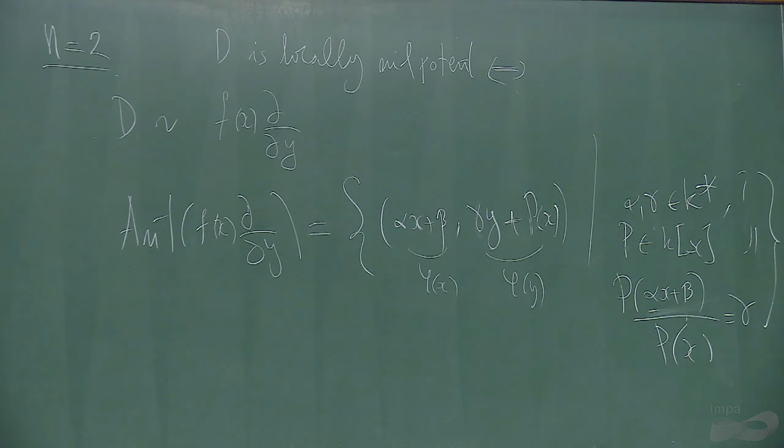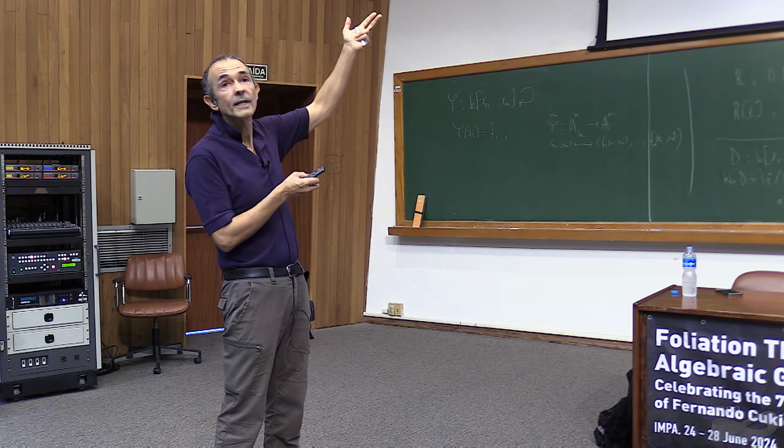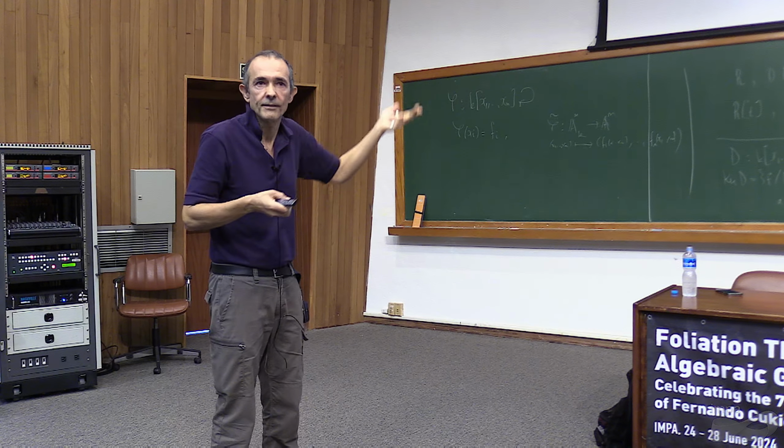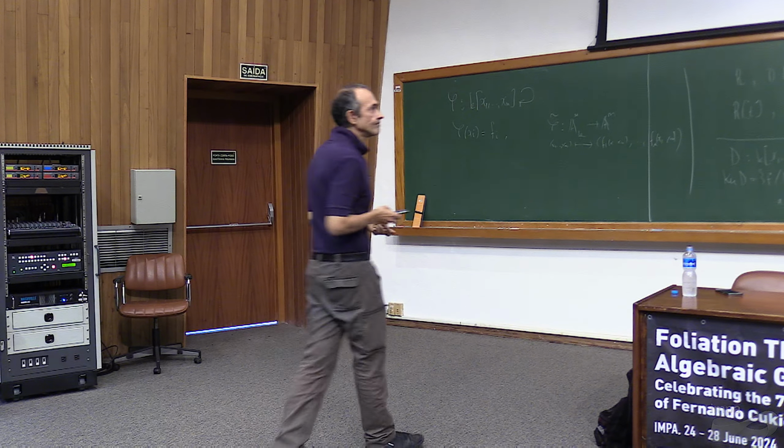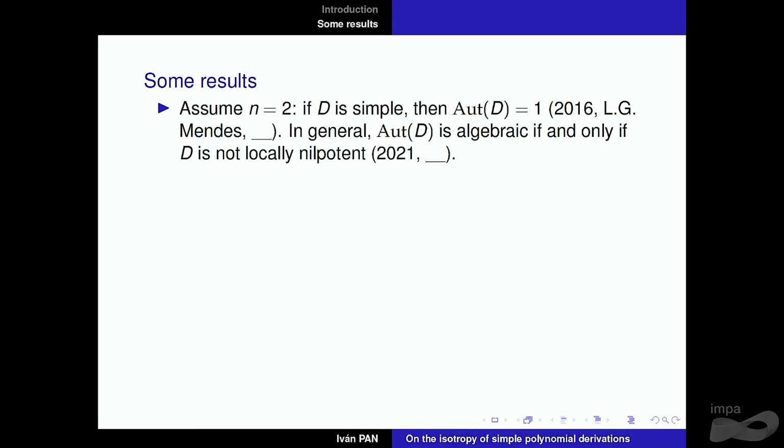And then it's easy to verify with this example that if the derivation is locally nilpotent, then its isotropy is not algebraic. Then the theorem there is the converse of that, in fact. The only possibility is that. Non-algebraicity is equivalent to local nilpotence. Okay?